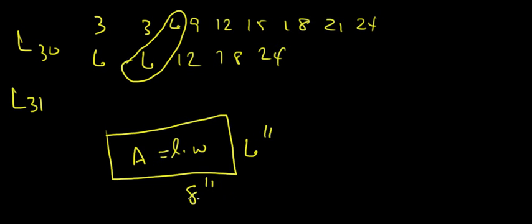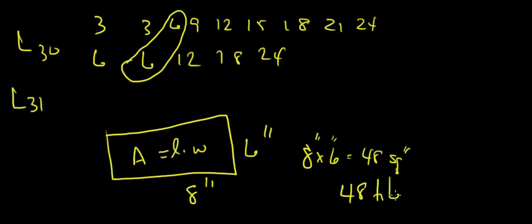So we want to multiply 8 times 6. And when we do that, we know that 8 inches times 6 inches is 48 square inches, right? So we need 48 tiles. We're going to need 48 tiles to cover the area of that floor. That comes from lesson 31. So make sure you look at that if you don't understand it.